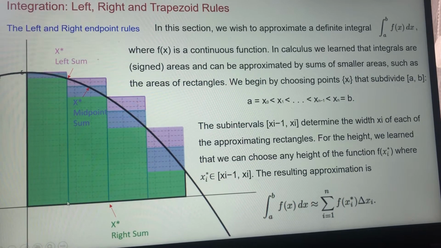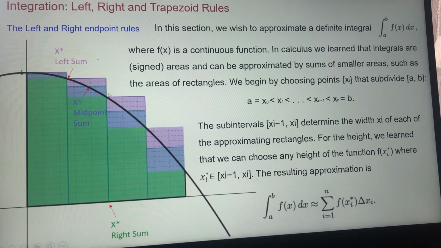This is the right endpoint of the first rectangle. This is the second rectangle's right point. This is the third rectangle's right point, and this is the fourth one. As you can see, if you sum these green areas, it will give us kind of the area under this shaded region. And you can see that this is going to be less than the real area.